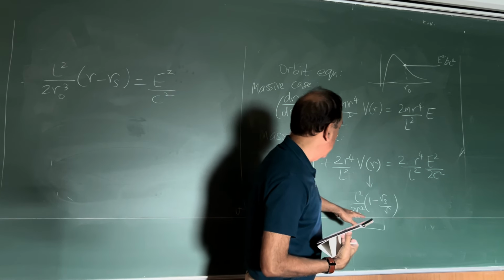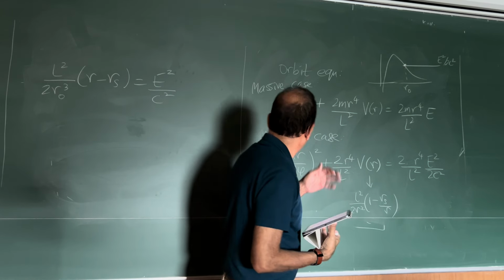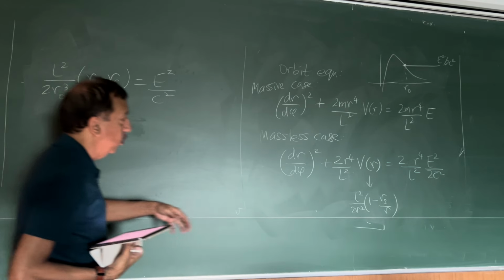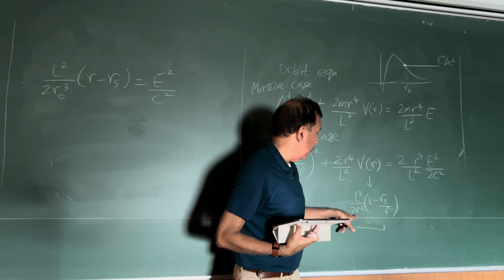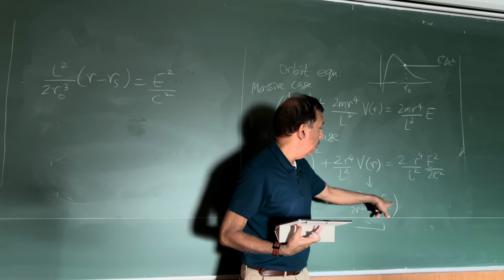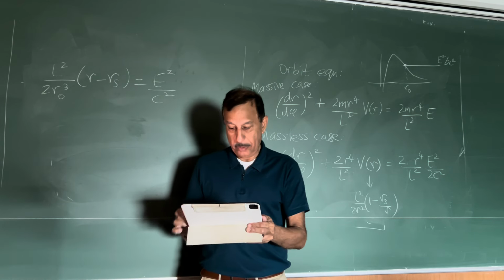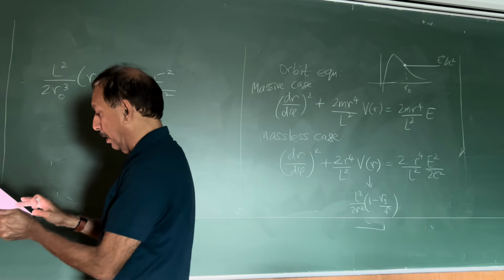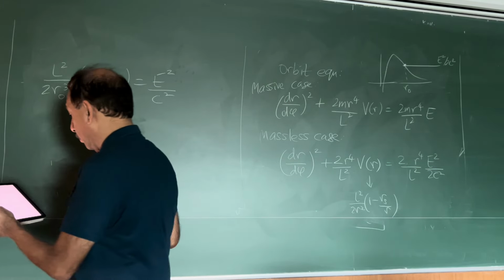And then we simply equate these two things. What I did was to take one more R out, so I got R cubed and here R minus RS. So now let's rewrite this equation and try to integrate it.